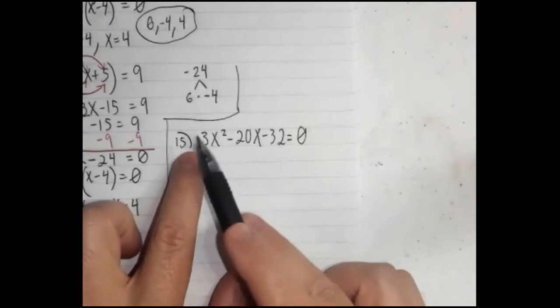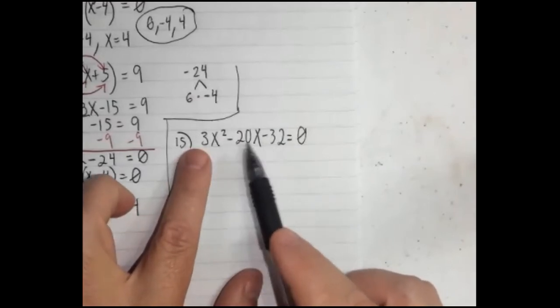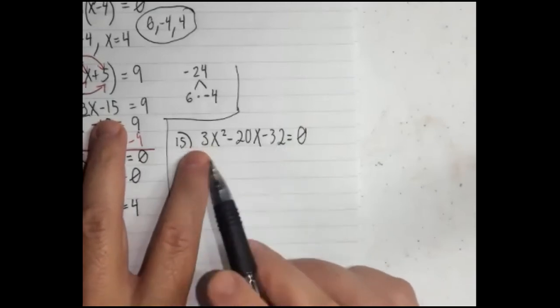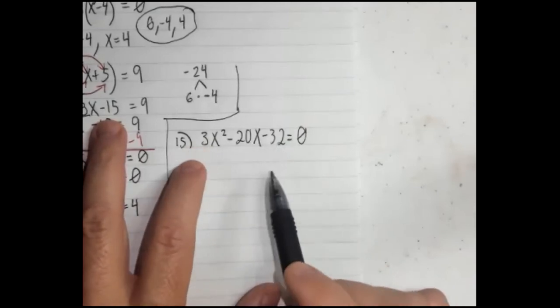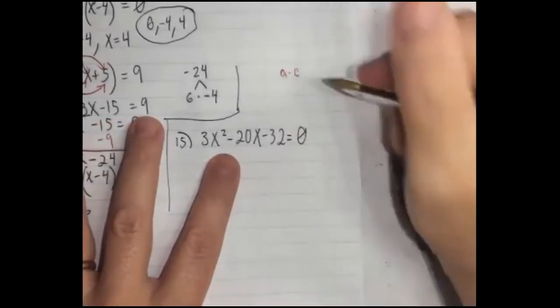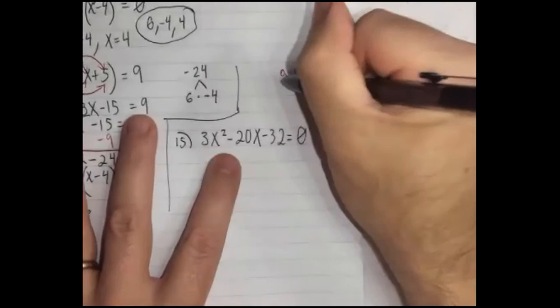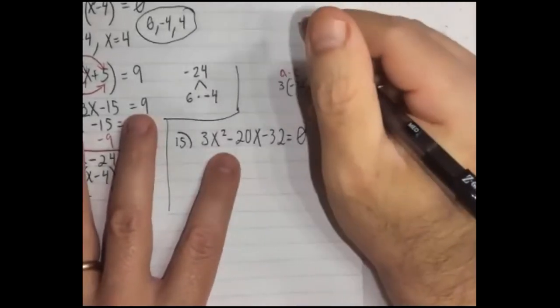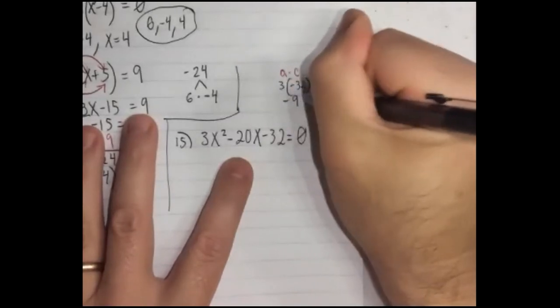So we do have an a value and we can't factor anything out. It'd be easy if we could factor something out of this, but there's not a number that goes into 3, 20, and 32. There's not a common number. So we're doing a times c: 3 times a negative 32, we end up getting a negative 96.